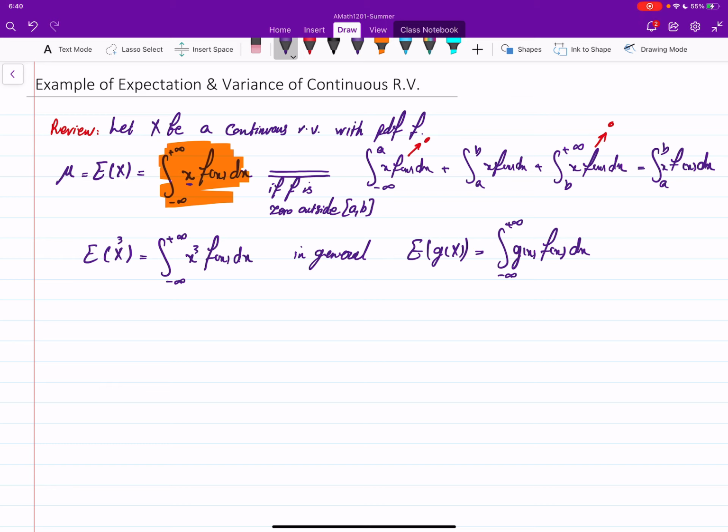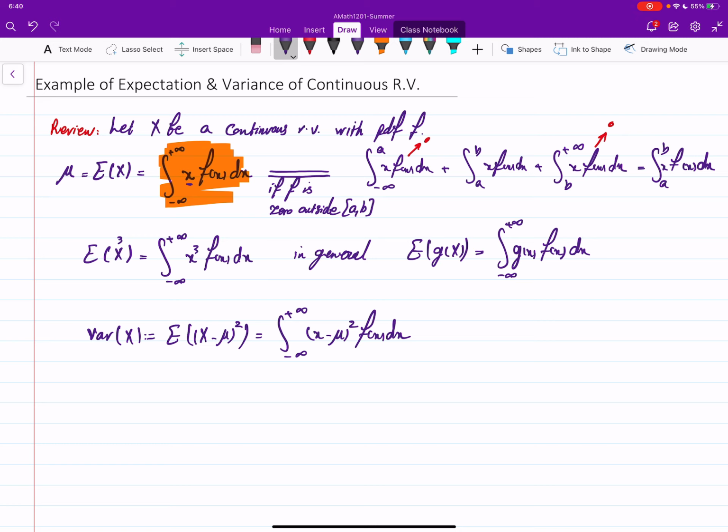Well, if you know that, then the variance is defined as before. This is e of x minus mu squared, which means that you integrate from negative infinity to plus infinity, x minus mu squared times f of x dx.